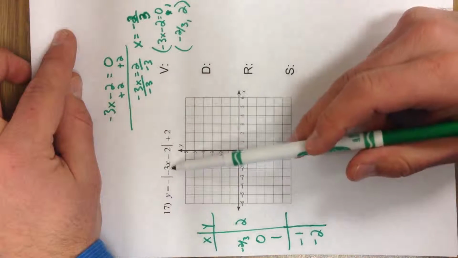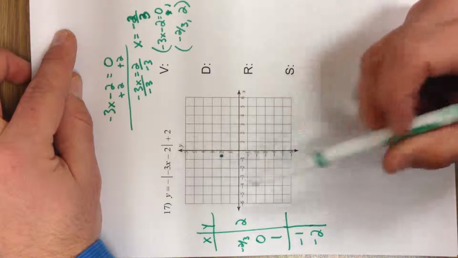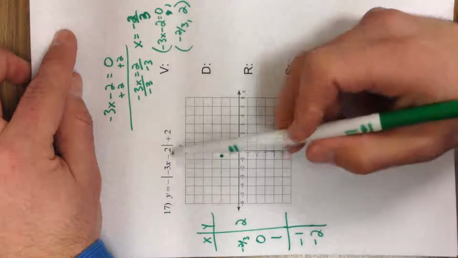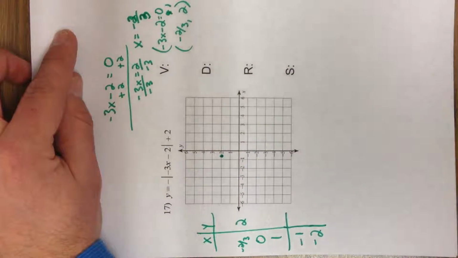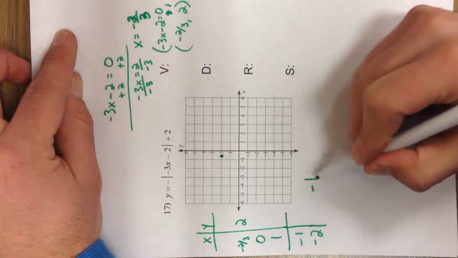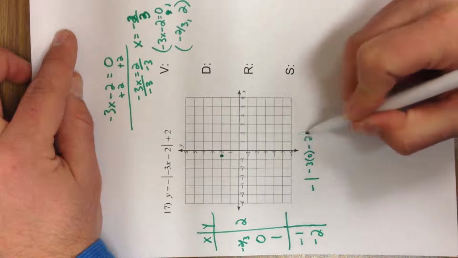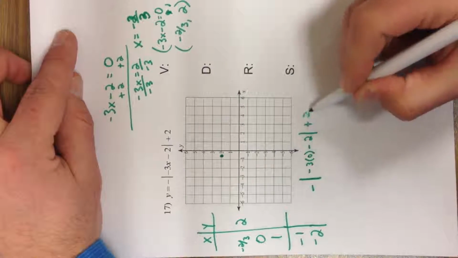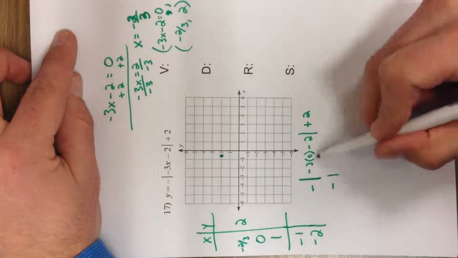If you plug in 0, that's 0, so you end up with -2 inside of there. The absolute value of -2 is 2, but then this negative makes it back to -2. I know that's a lot of talking, but it's almost easier to talk yourself through it.